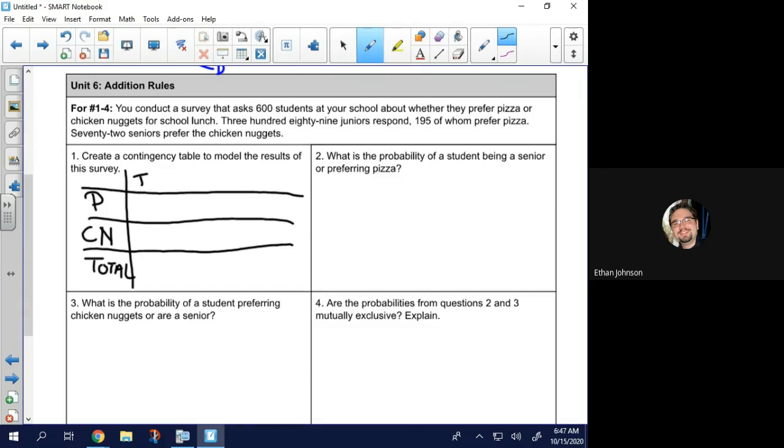Then I have junior, senior, and total. And we did do a problem like this on the Unit 5 portion of the review, but let's do it again. Reading through, I see we have 600 total students.